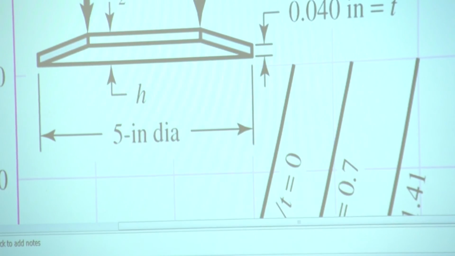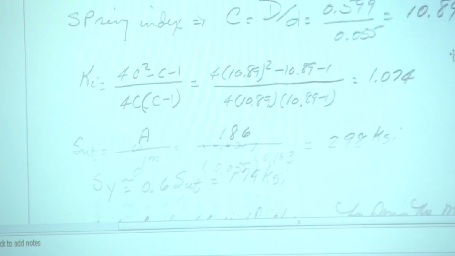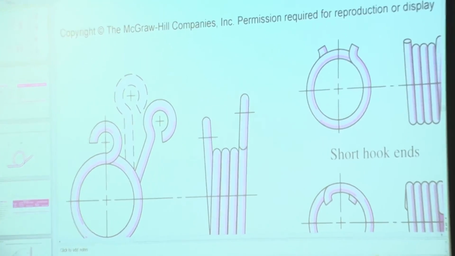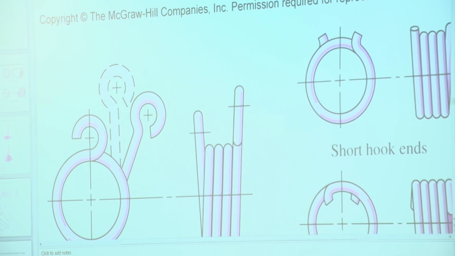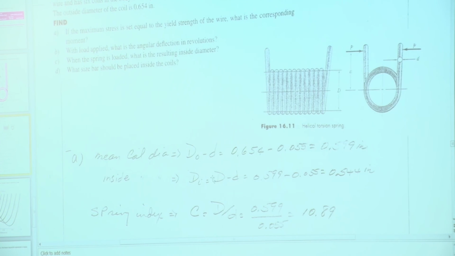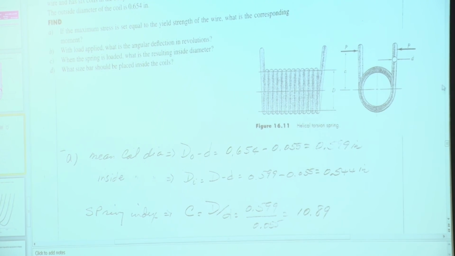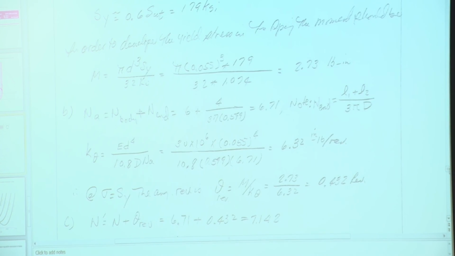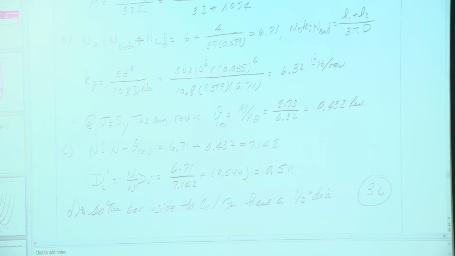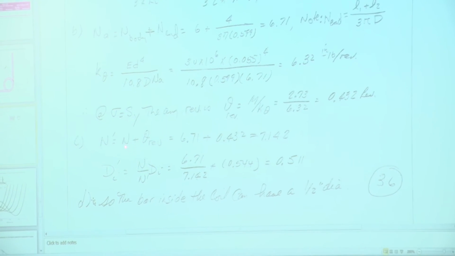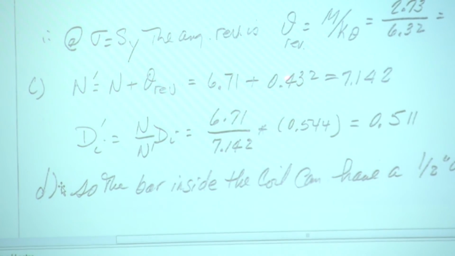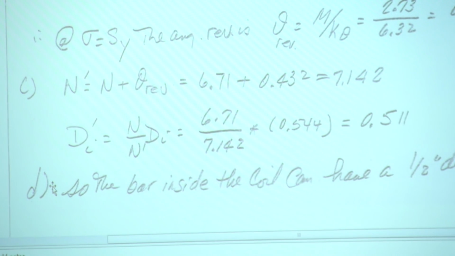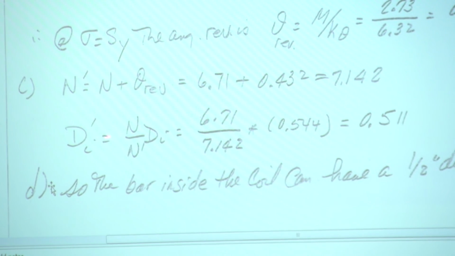So the total number of coils is now the original number of coils, 6.71, plus the rotational number that is introduced by the number of revolutions, 7.142.